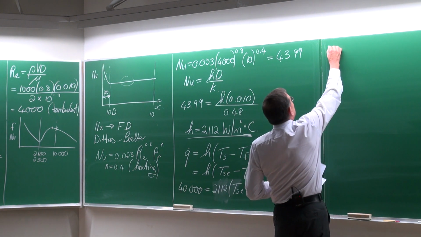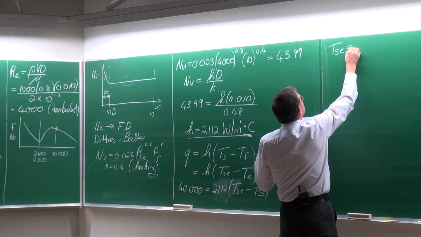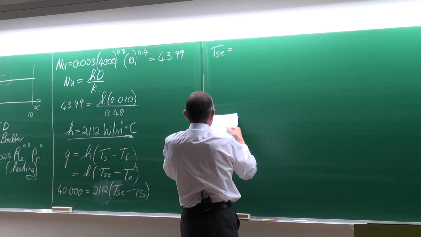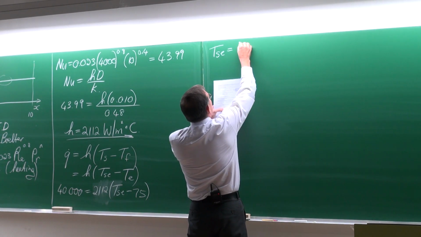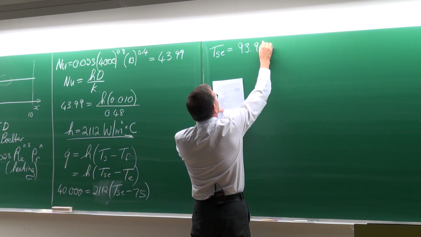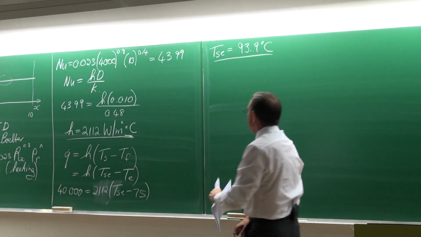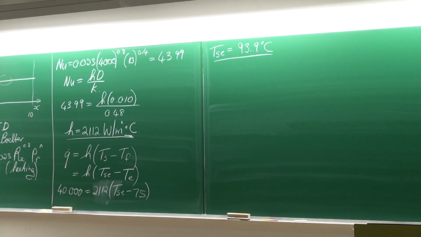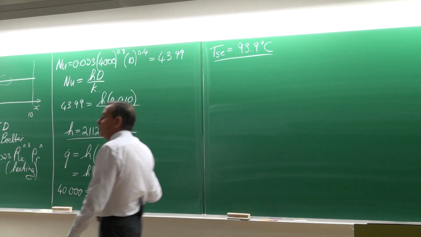From this we can determine the surface temperature at the outlet is equal to 93.9 degrees Celsius. Right, that was the second part of the problem.